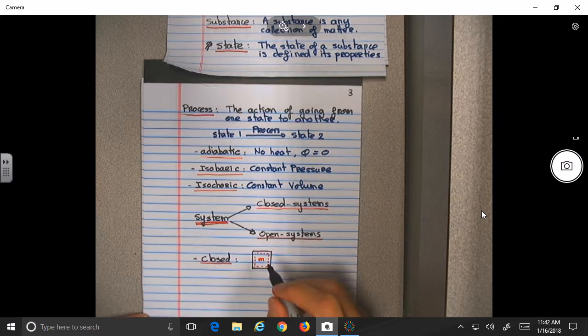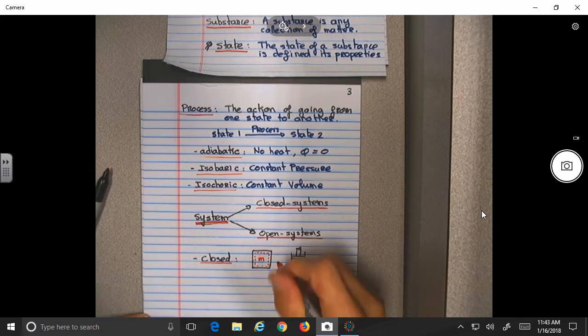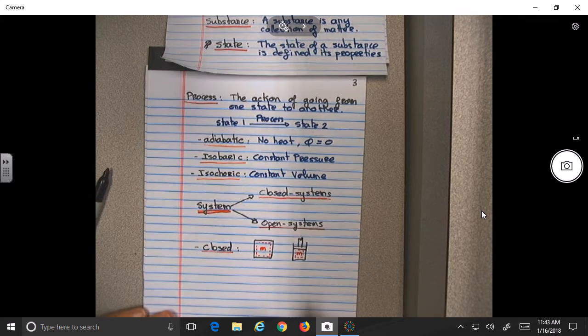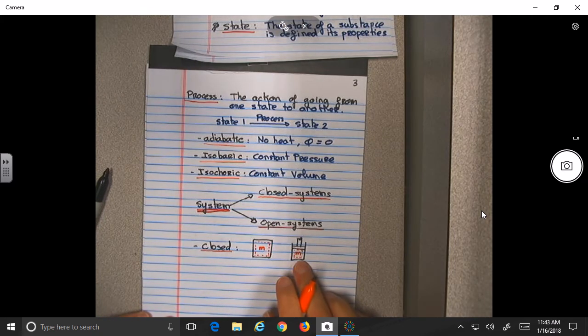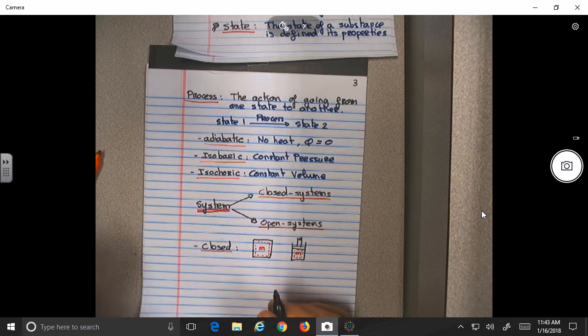The other closed system we deal with a lot in this class is a piston-cylinder assembly. Again, the mass within the system will be constant, but the volume might change. I'm not trying to give complicated definitions, just simple stuff.